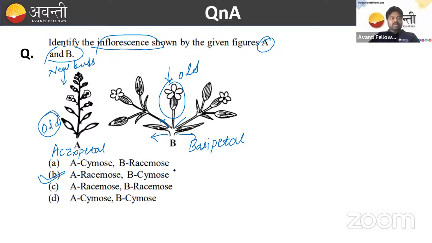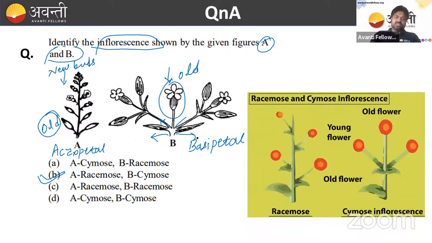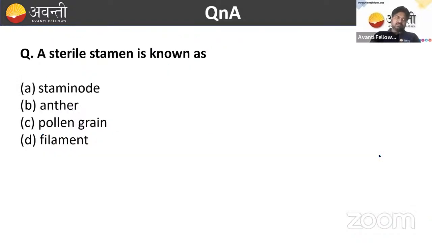Racemose is acropetal, cymose is basipetal. Please remember the answer. Coming to the next, you can see in this picture, this plant is racemose, with acropetal arrangement. This is cymose, meaning basipetal arrangement.